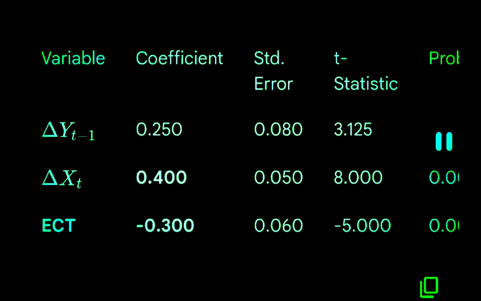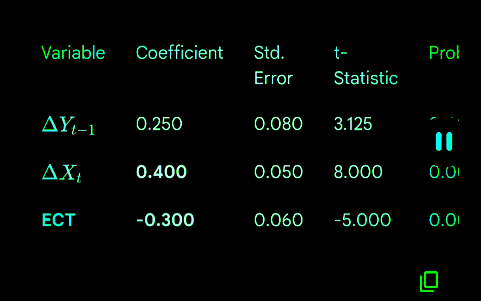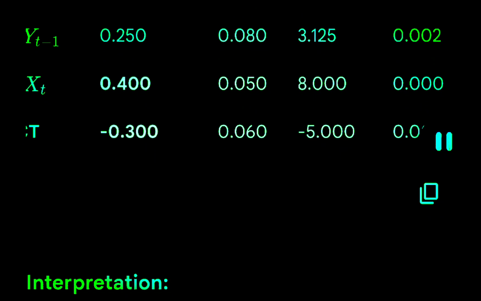Variable, coefficient, standard error, t-statistic, prob. Delta Y_t-1: 0.250, 0.080, 3.125, 0.002.